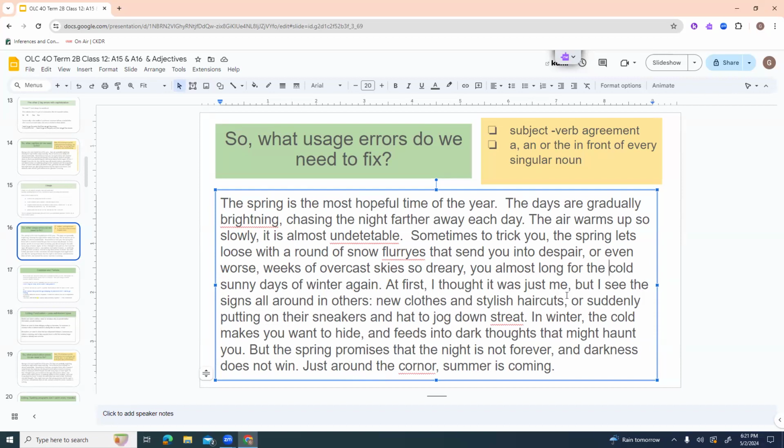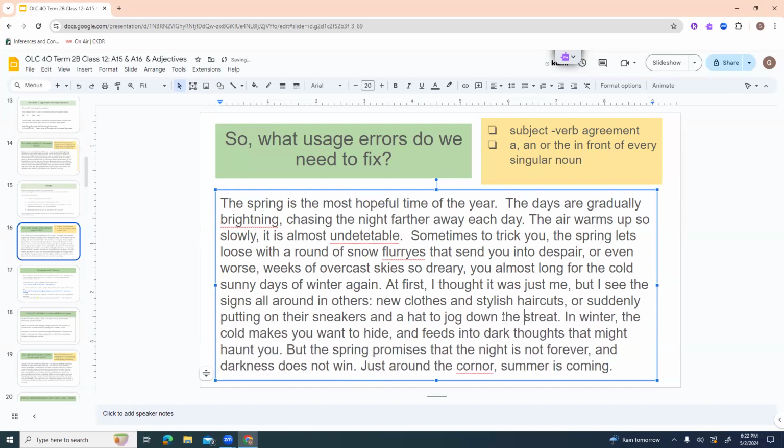At first, I thought it was just me, but I see the signs all around in others. New clothes and stylish haircuts," those are fine because they're plural, so they don't have to have "a" or "an." "Or suddenly putting on their sneakers and a hat to jog down the street."